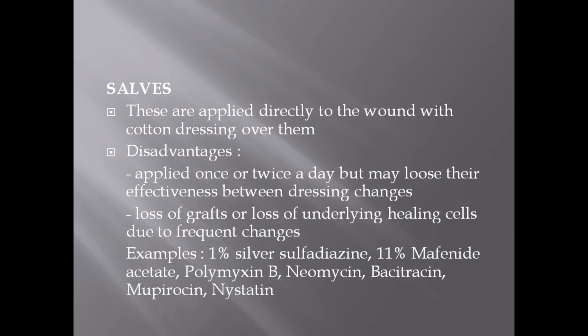The disadvantage of salves is we have to directly apply to the wound, so there will be more dressing changes, with loss of grafts or loss of underlying healing cells due to frequent changes of the dressing. Examples of these salves are 1% silver sulfadiazine, 11% mafenide acetate, polymyxin B, neomycin, bacitracin, mupirocin, and nystatin. These are the examples of salves.